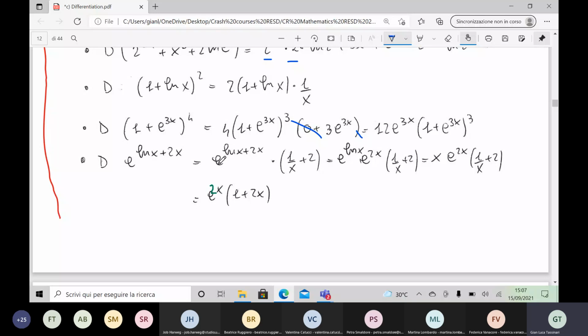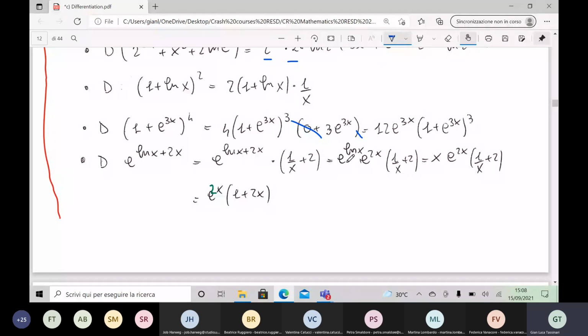And you know that e to the power alpha plus beta can be seen as the result of e to the power alpha times e to the power beta. So what I'm saying is that we can decompose it as e to the power ln of x times e to the power 2x. Then I copied it. Here, if you want, you can also do the common denominator, but we will see. Maybe I did it later, okay.